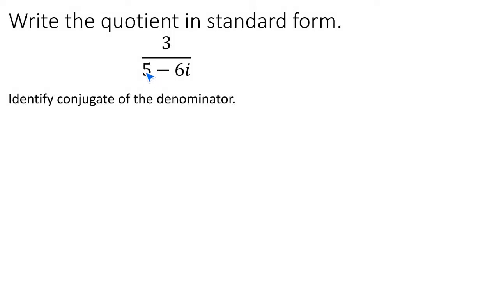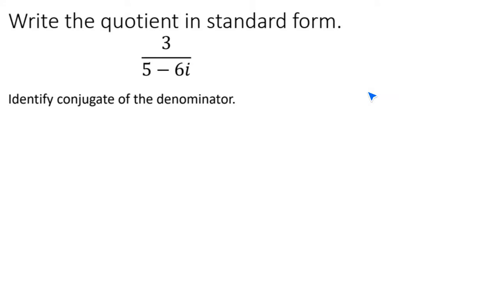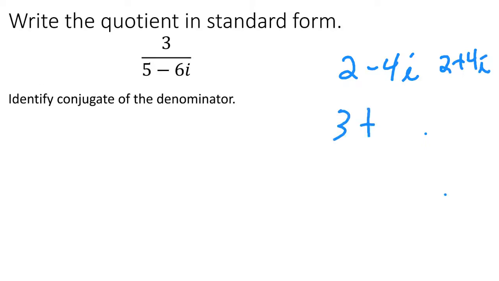The conjugate is just going to be the same real part and the same imaginary part, but instead of a minus, we're going to write it as addition. So for example, if I had 2 minus 4i, then the conjugate is 2 plus 4i. If we had 3 plus i, our conjugate is 3 minus i.